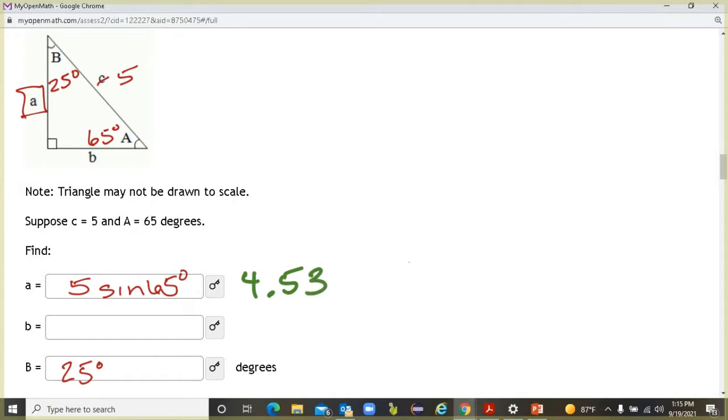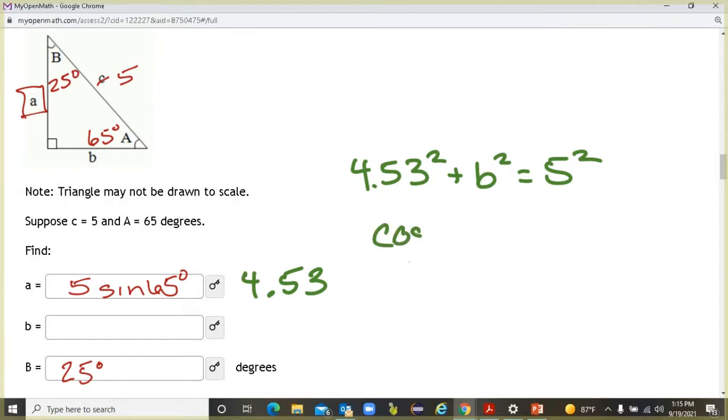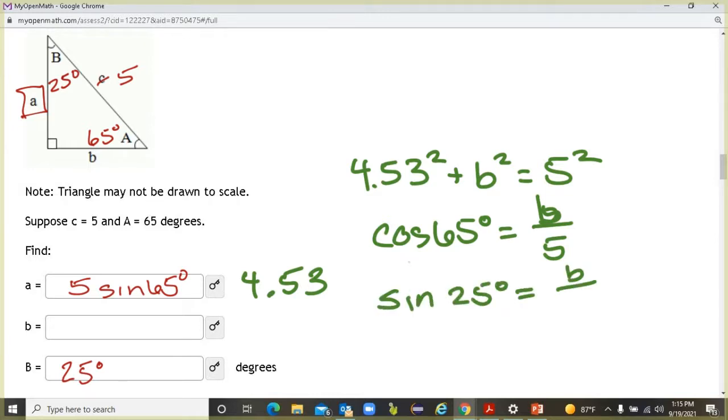And so now again, we could do 4.53 squared plus b squared equals 5 squared using the Pythagorean theorem. Or we could do the cosine of 65 degrees is equal to b over 5. That's a b, that's a 5. Or you could do the sine of 25 is equal to b over 5. Or you could do the tangent of either angle.